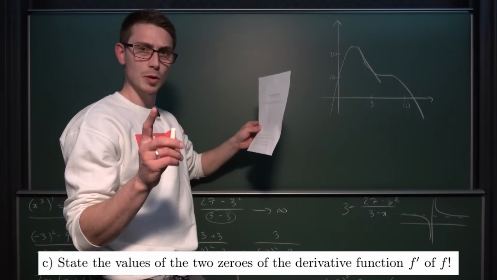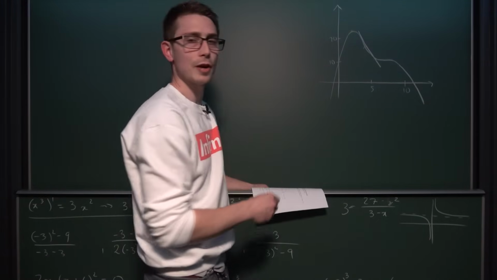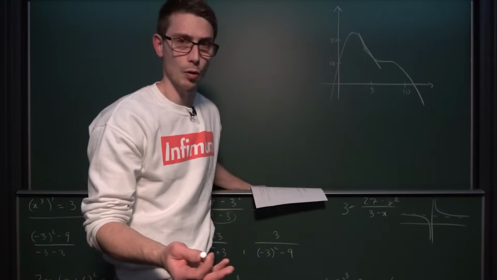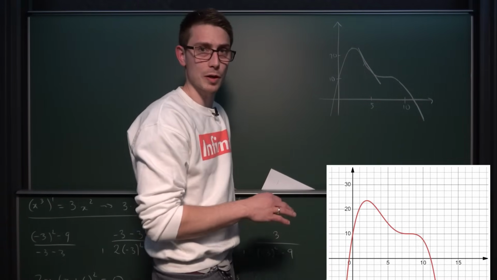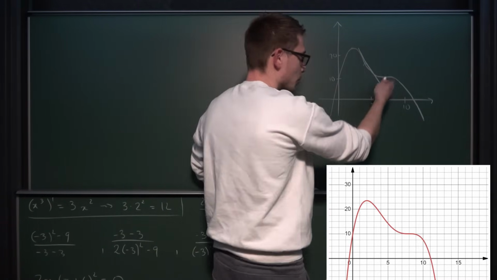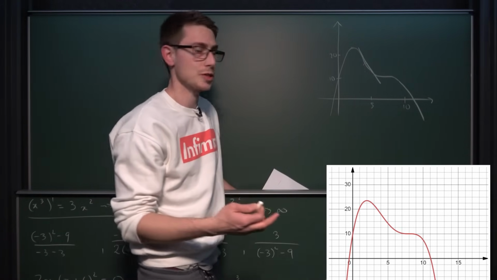State the values of the two zeros of the derivative function f prime of f. Now, what are the zeros of the derivative function? This is where the slope of our original function is going to be 0. Now, if we take a look at our graph, they just need to work with the graph here. We have a saddle point here, basically. This is the argument that they are supposed to use.